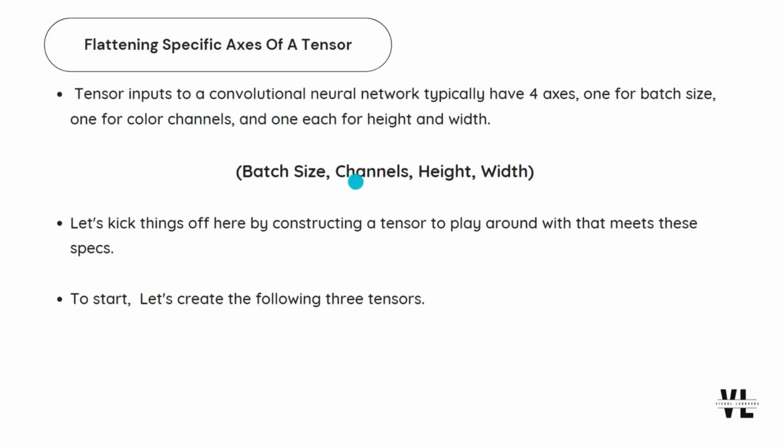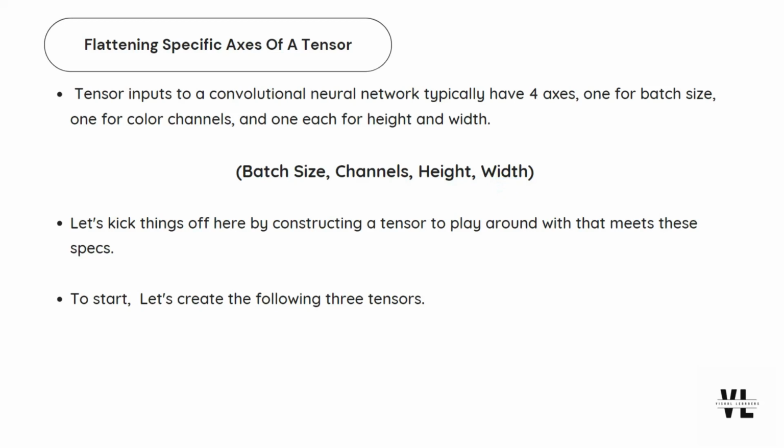Second, you have to define the number of channels. For an RGB image, you might have 3 channels, and for a grayscale image, you might have 1 channel. Next is the height of the image, and the last is the width of the image.